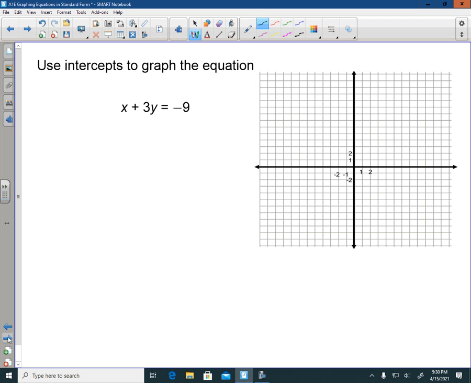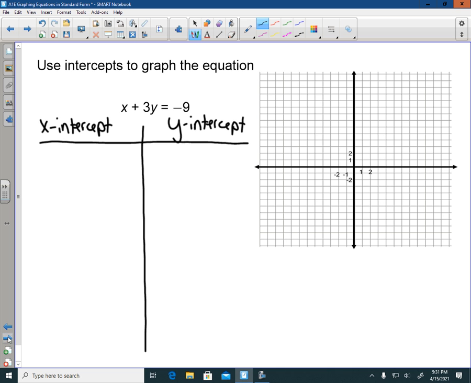Let's do another one. So we're going to use intercepts to graph this equation. The equation is in standard form, and so we're going to find the x-intercept and the y-intercept. At the x-intercept, y equals 0, and at the y-intercept, x equals 0. And now we can do this.